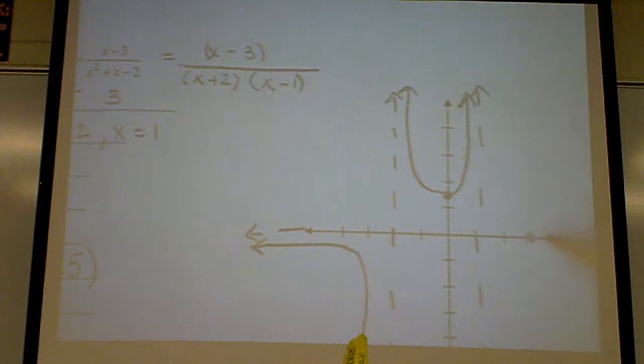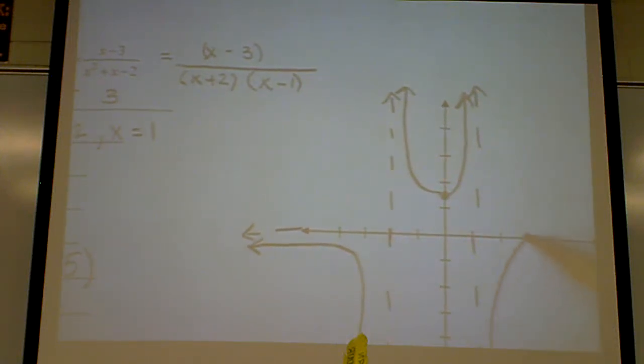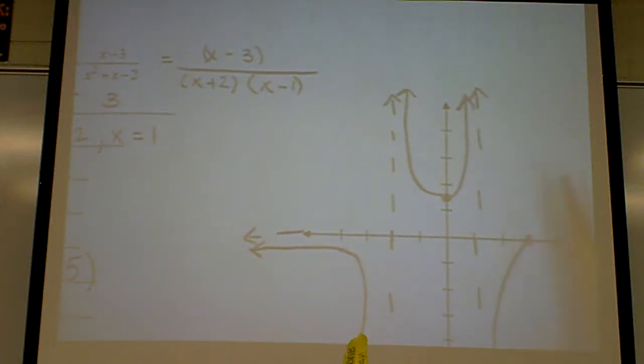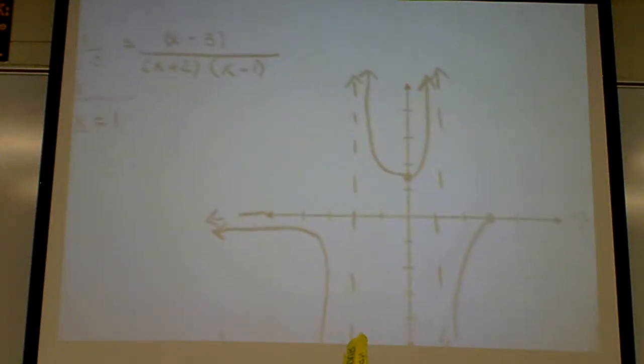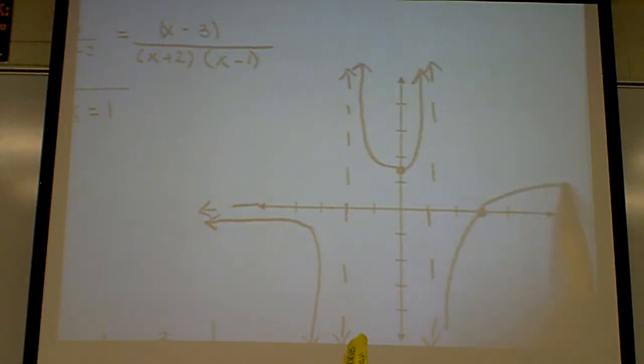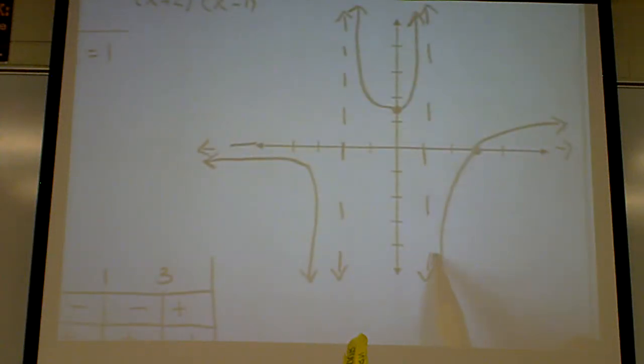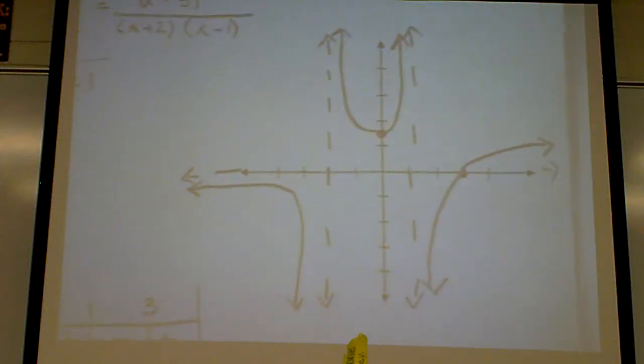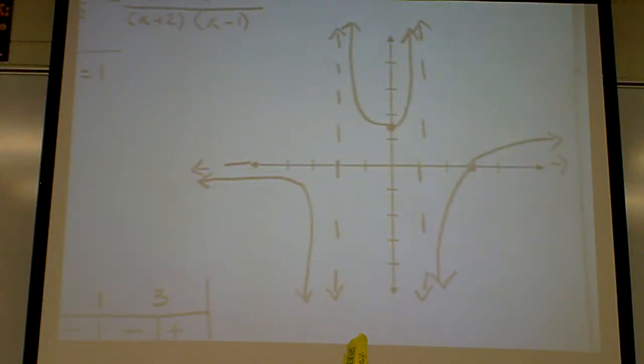So from 1 to 3, it's negative. And then from 3 to positive infinity, it's positive. Okay, any questions on that one?